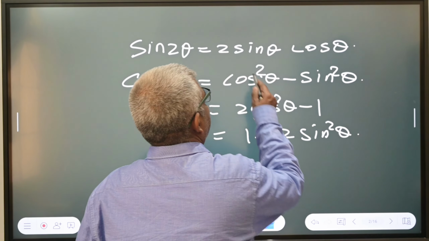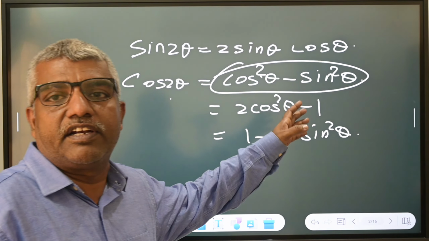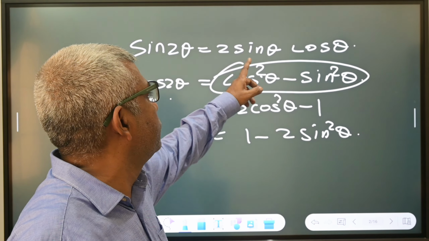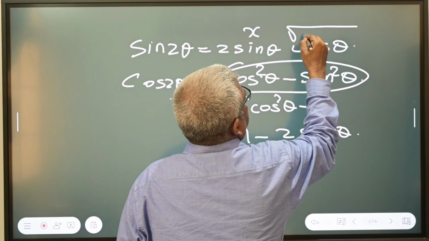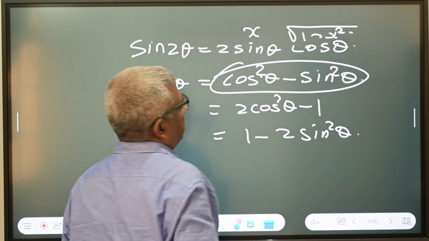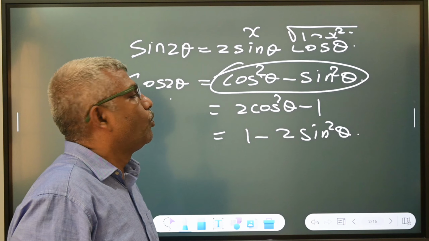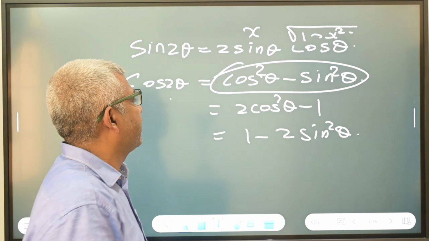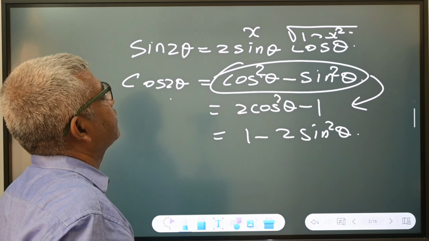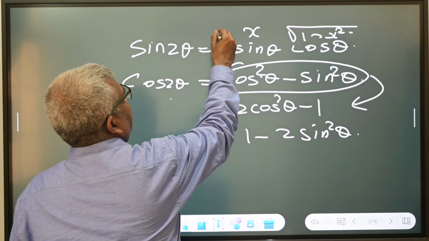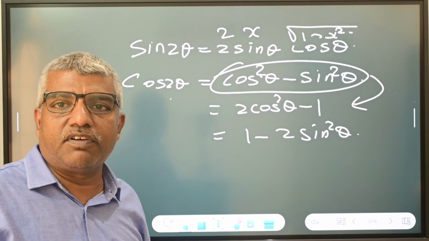This may not come, because cos squared theta minus sin squared theta, we cannot do x squared minus y squared. Then 2x root of 1 minus x squared, this sum we have seen. So 2 sin theta cos theta is 2x times root of 1 minus x squared. We have to substitute these formulas. Thank you for watching videos.